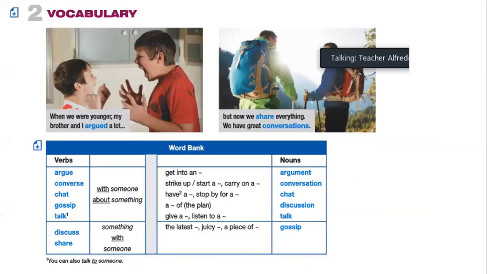Now, we are talking about different ways to identify who someone is. And the next way is using a verb in ing form.